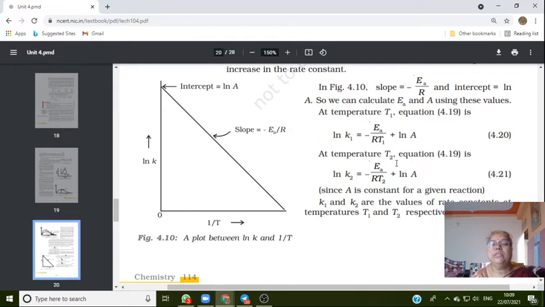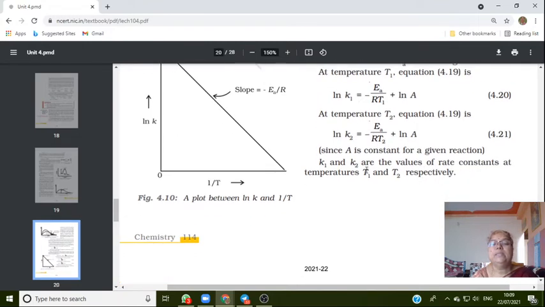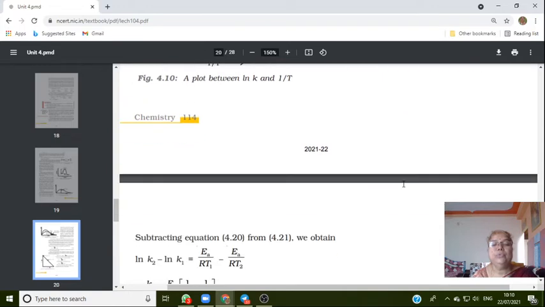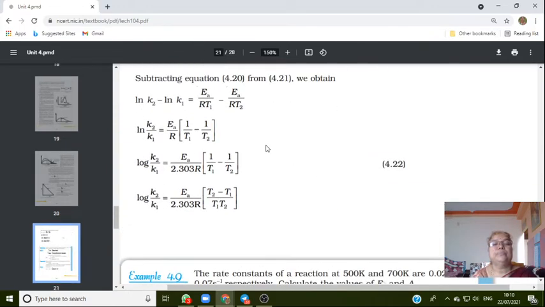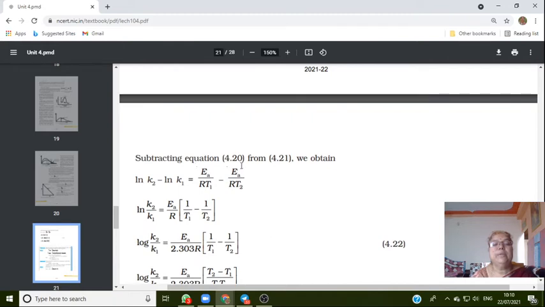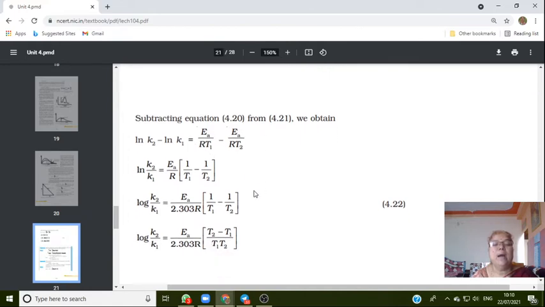At higher temperature T2, we can write this equation as ln K2 equal to minus EA upon RT2 plus ln A. Since A is constant for a given reaction, and K1 and K2 are the values of rate constants at temperatures T1 and T2, substituting, we get ln K2 minus ln K1 equal to EA by RT1 minus EA by RT2.